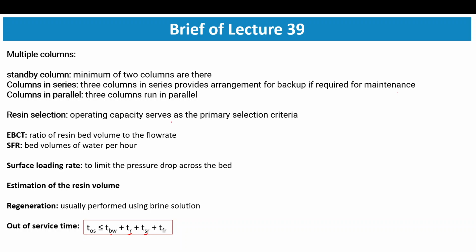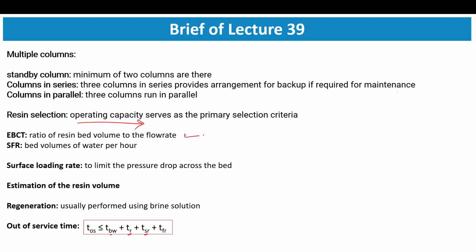For resin selection you need some basic lab experiments, and this selection depends on the capacity of the resin for that particular cation, right? This is the basic, primary selection criterion used for all the cases. And as we have seen in adsorption, similar terminologies are here as well.